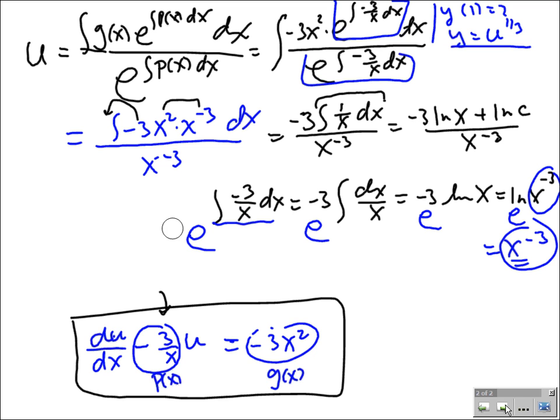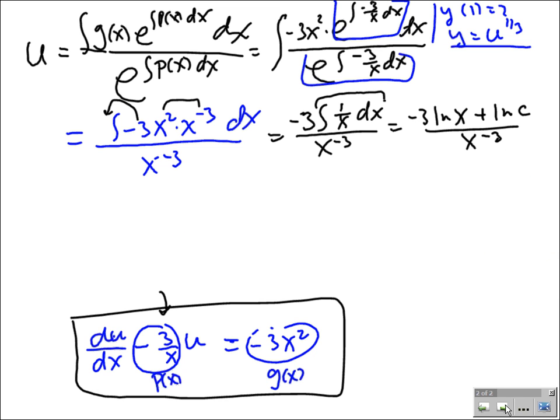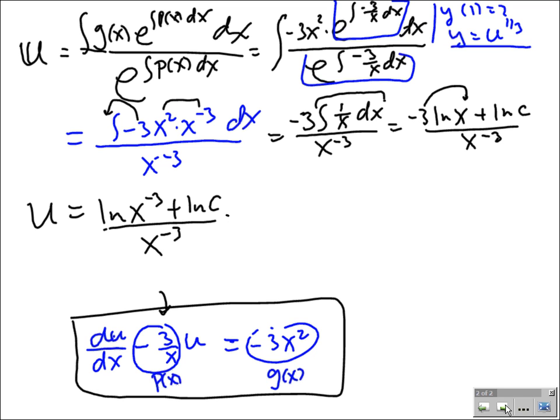Okay, let's clean this up and we will be fine. Remember, this is what u equals. So u is equal to, I can bring that up as the power, ln of x to the negative 3 plus ln of c over x to the negative 3.